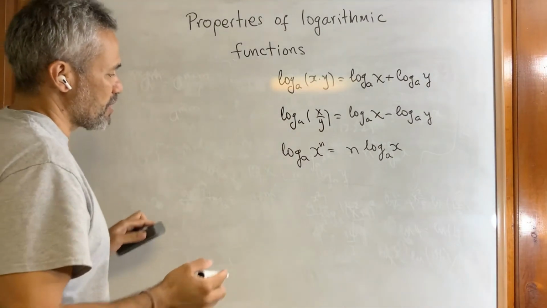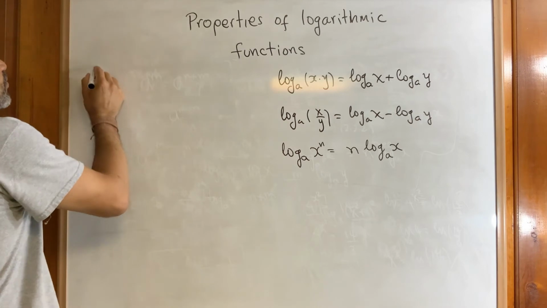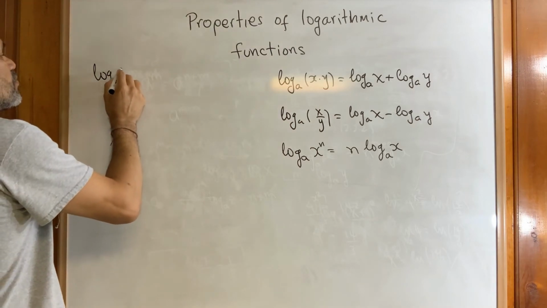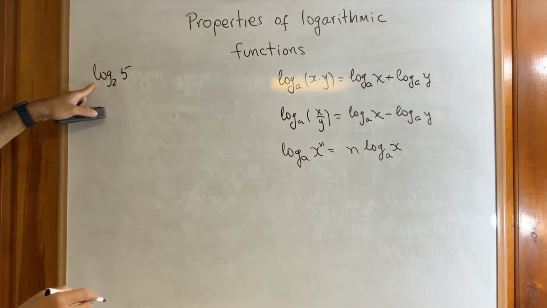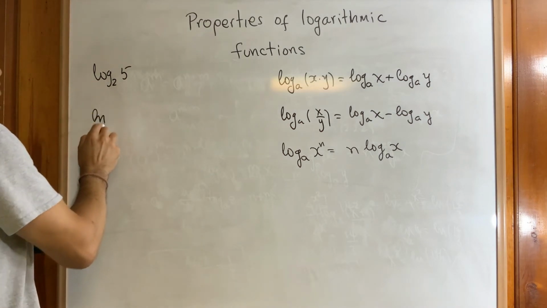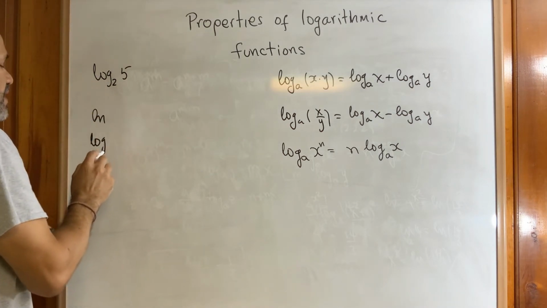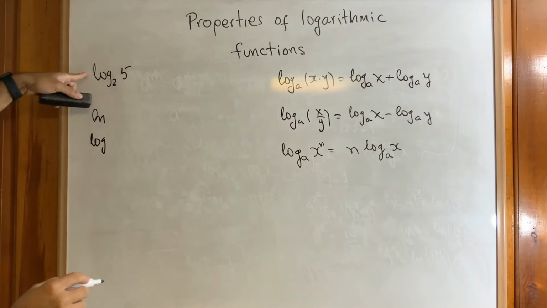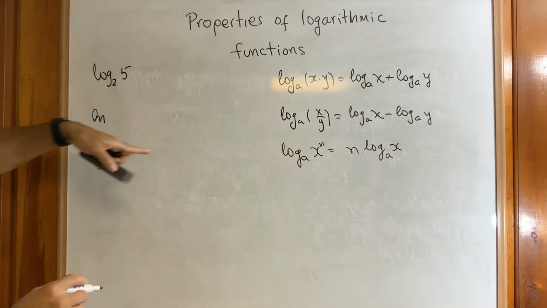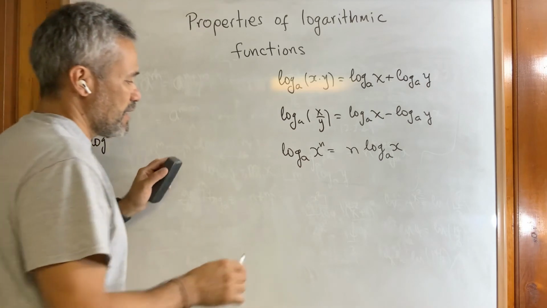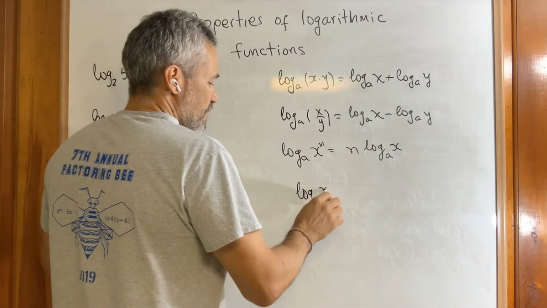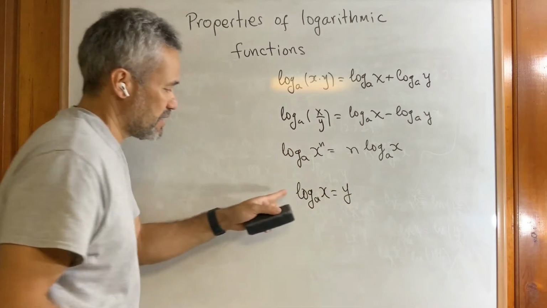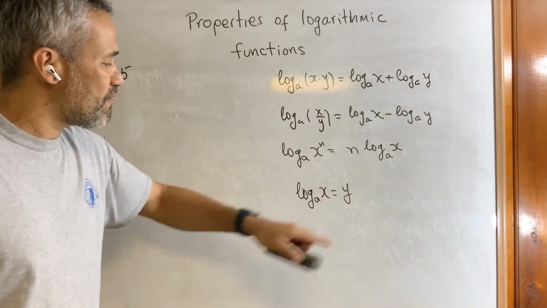An important property that we have been using, for example, to compute log in base 2 of 5, if we only have a calculator that has natural log or log in base 10, is that we can compute this using that calculator. And the reason is the following. If we have log in base a of x equal y, let's suppose that we want to find y.